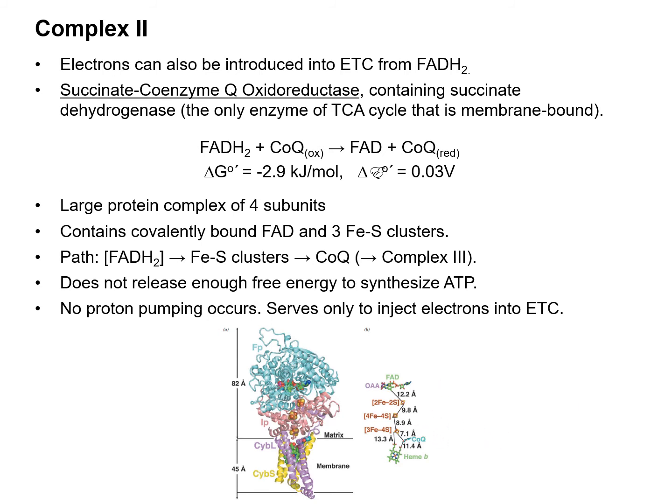But this complex 2 and the FADH2 path do not release enough free energy to synthesize ATP. Also, no proton pumping occurs here, so there is not going to be any proton gradient set up by this complex 2. It only serves to inject the electrons into the electron transport chain.